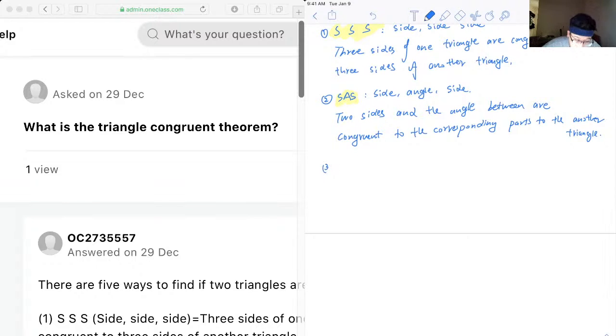And next we have angle, side, angle. Okay, so angle, side, angle.